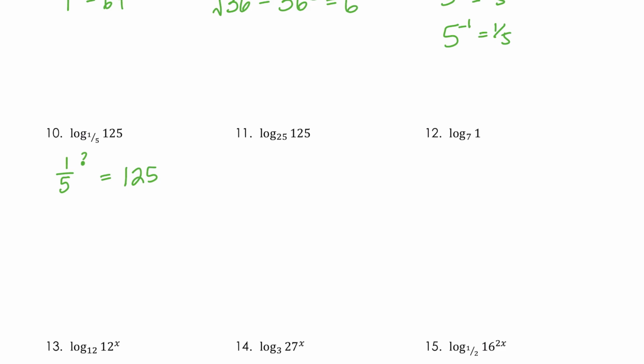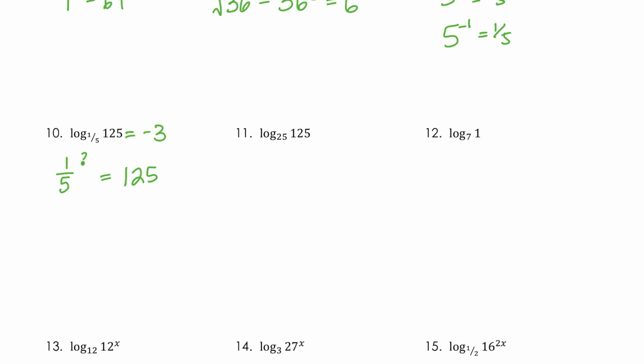I know that if I flip 1/5, I get 5. So I feel like we're going to have a negative power because I need to flip 1/5 in order to get to 5, and then have to maybe cube it. So maybe you can see that it's going to be -3. It is going to be -3.